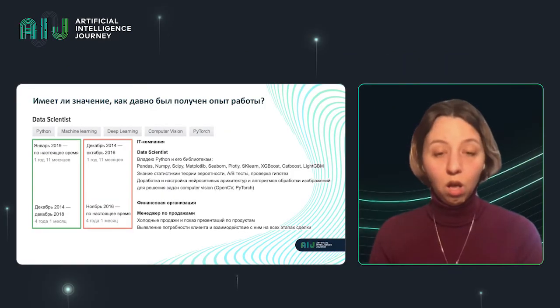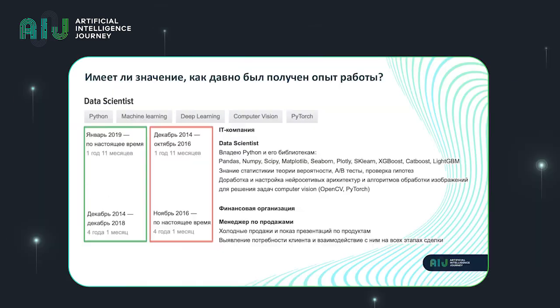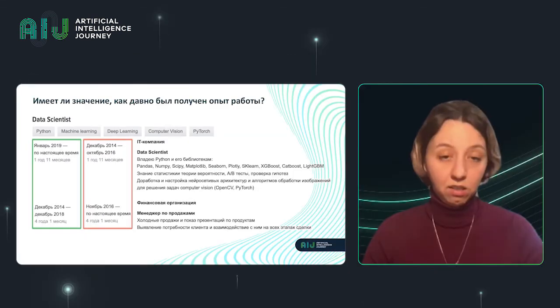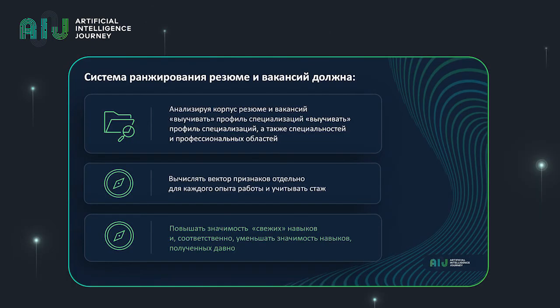We should also note that it's important to pay attention to how long ago job experience was received. Obviously, a person that currently has the key skills is more relevant for us than a person who had the skills a few years ago. Like here, for instance, a person who's working in data science right now is more relevant for us than a person who used to do data science and now works in, for instance, another field.